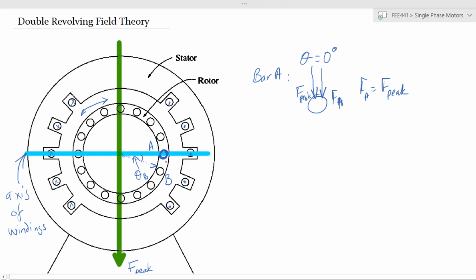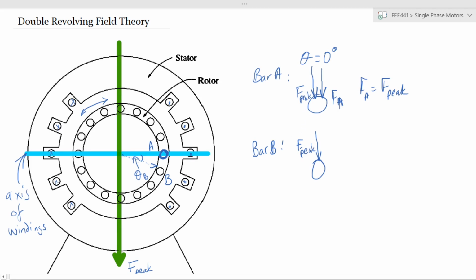Now this bar B, if we represent it over here, let's represent it like that. The force due to the resultant magnetic field is still acting on that bar in the same direction that we had before, bar A, right? This is at the same instant, right?